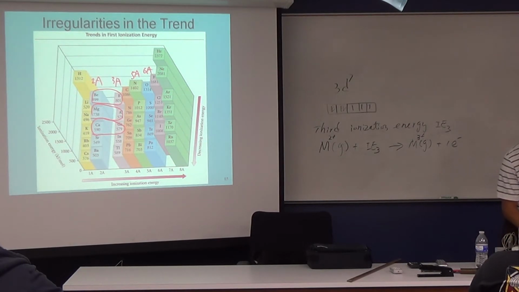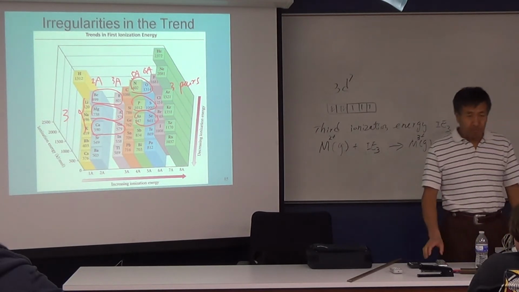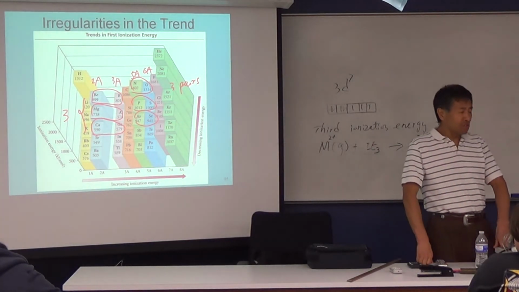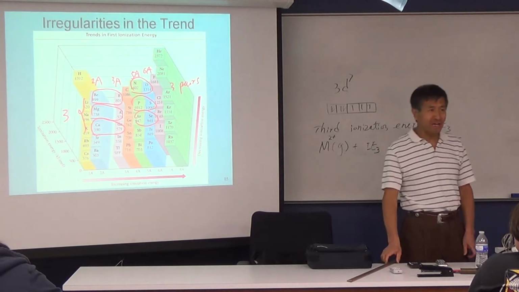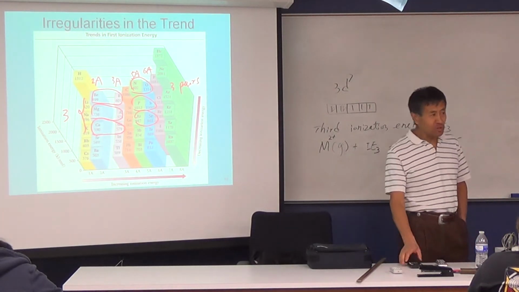There are 3 pairs here, and one more pair, and one more pair, 3 pairs here, so I have 6 pairs of exceptions. And it's very interesting to be able to understand those irregularities from the new model.